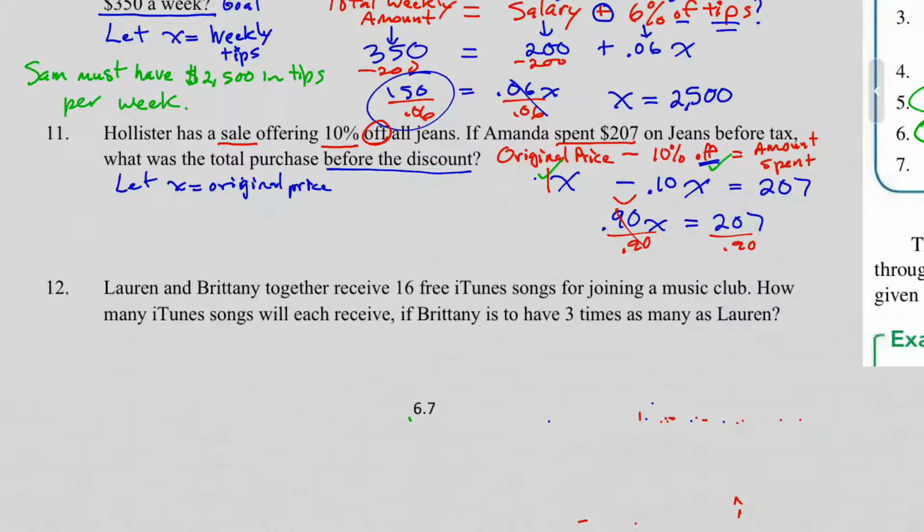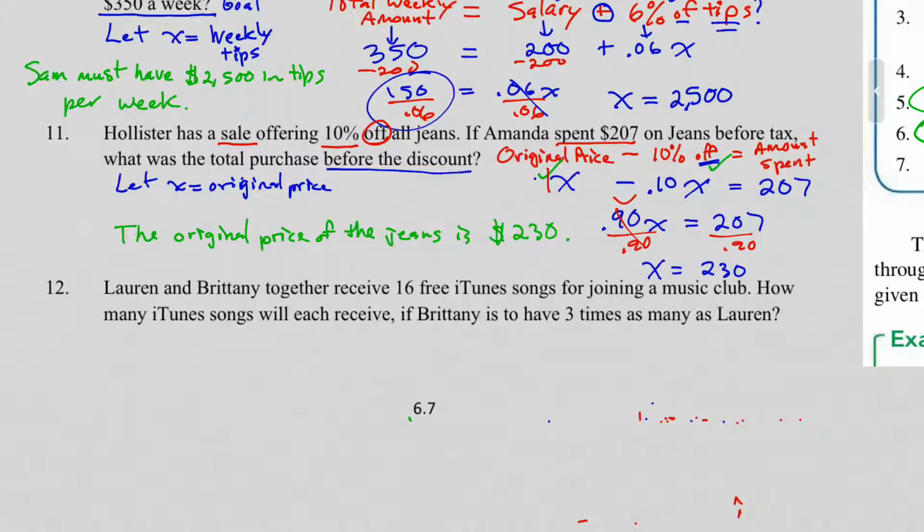And get 207 divided by 0.9 is going to be 230. Now 230 is not an answer. So the original price of the jeans before the discount is $230.